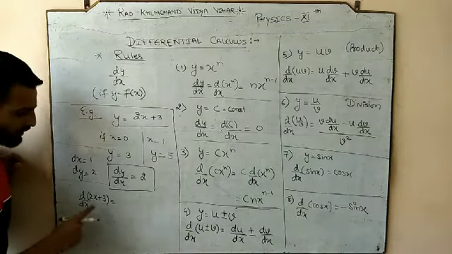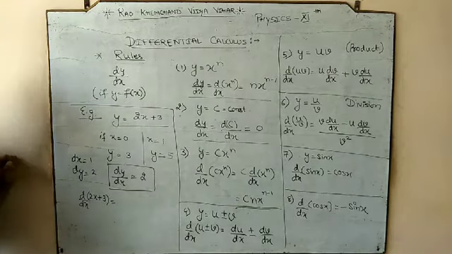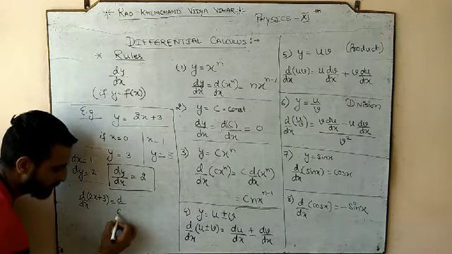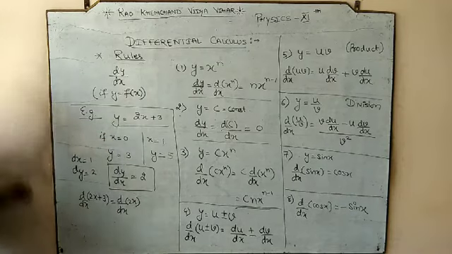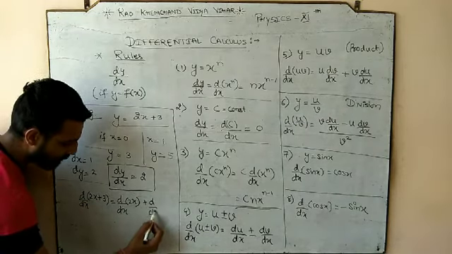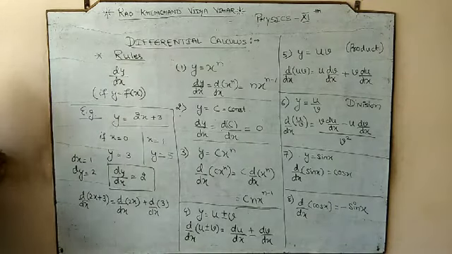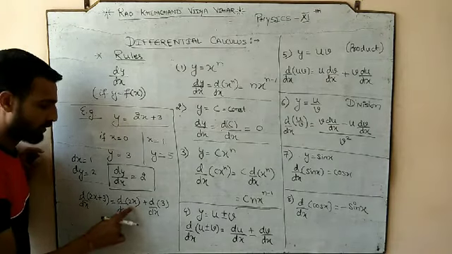I have 2 terms. So if I have 2 terms and they are adding, so I have to apply the addition rule. So if I apply the addition rule, first term, which is 2x, it should be differentiated separately, plus second term, which is only 3, it should be differentiated separately. Now, in the first term, what do we have? 2x. What is 2?